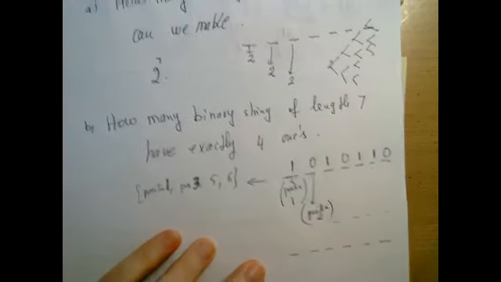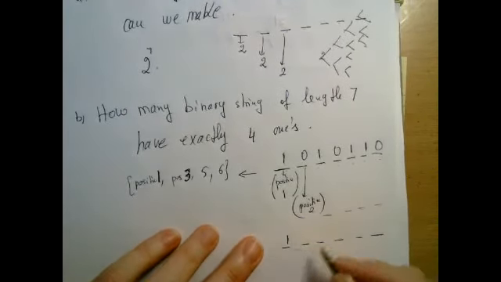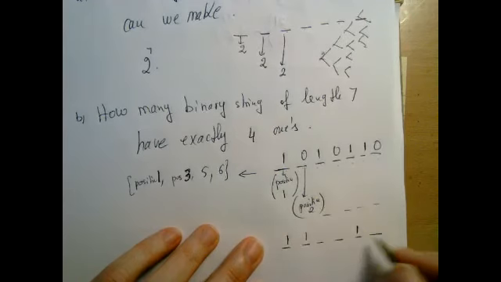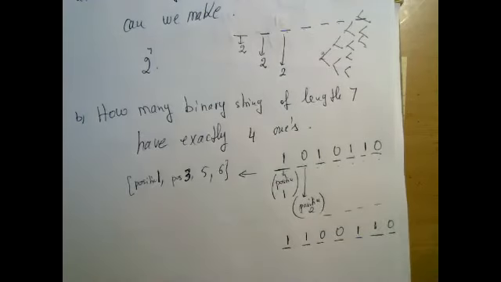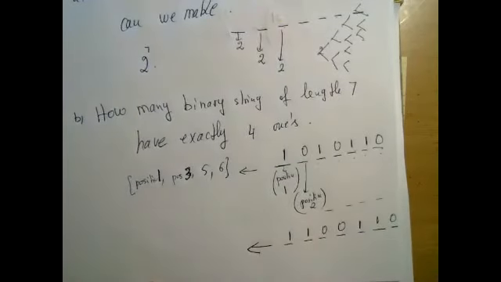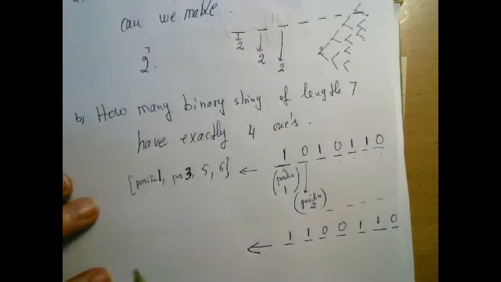Suppose my 1s, so I'm just giving you examples, so see my 1s are here: 1, 1, 1, 1, and 0, 0, 0. If my 1s are in here, which positions are they?